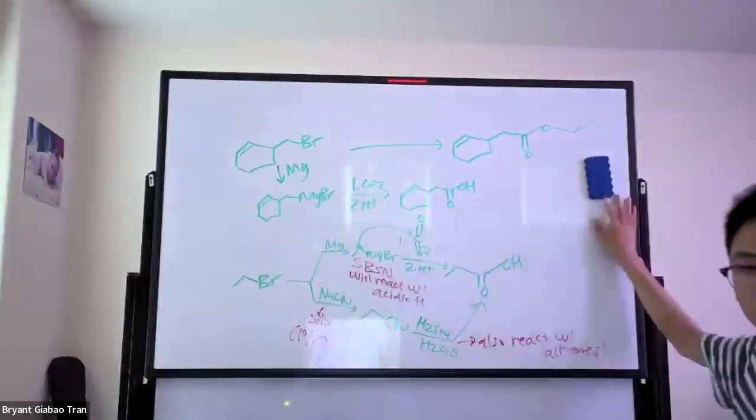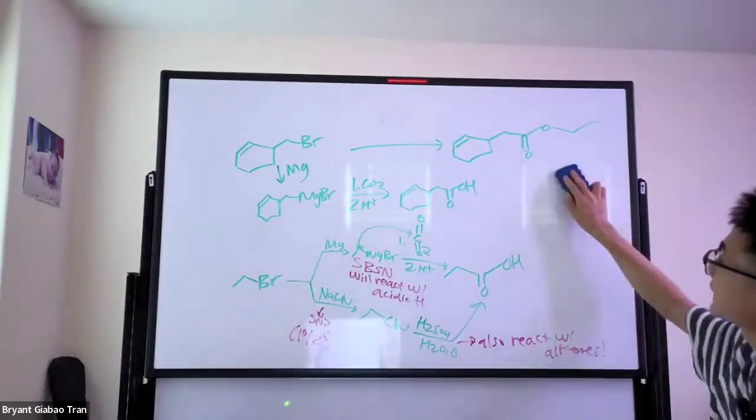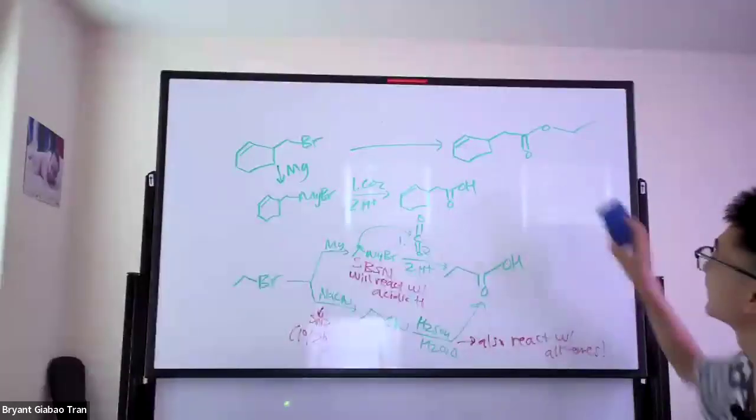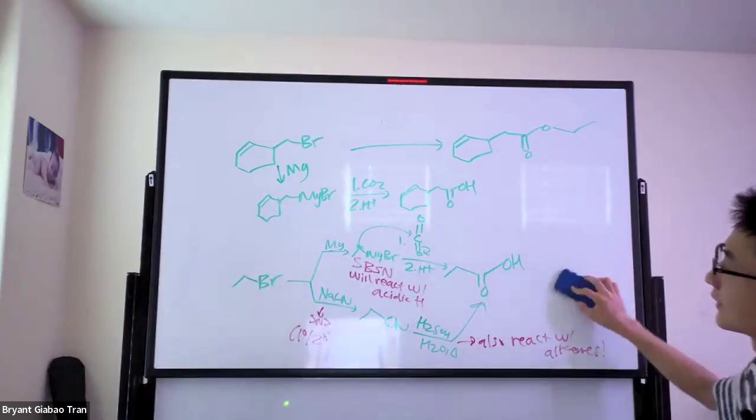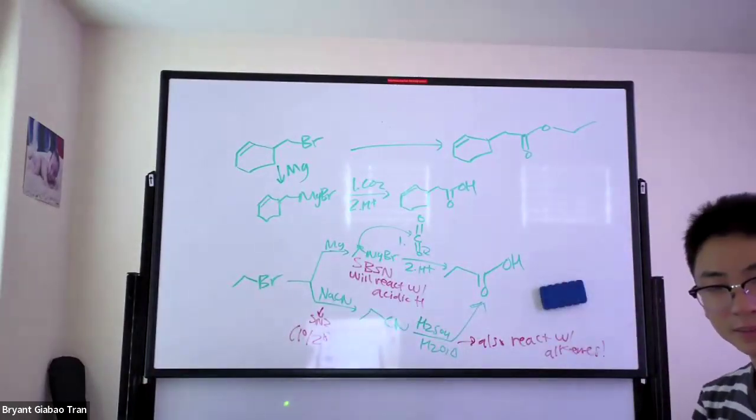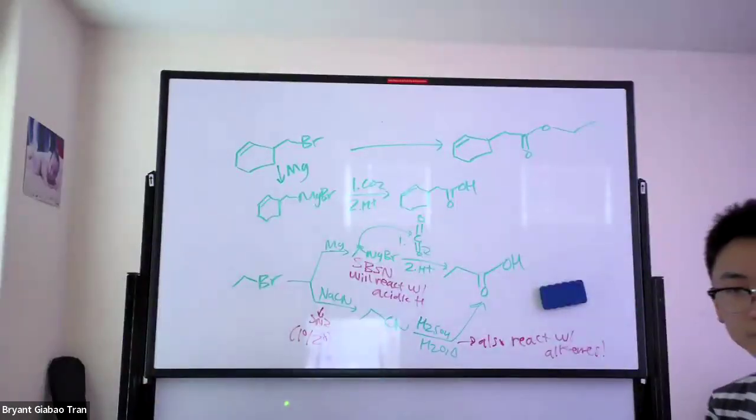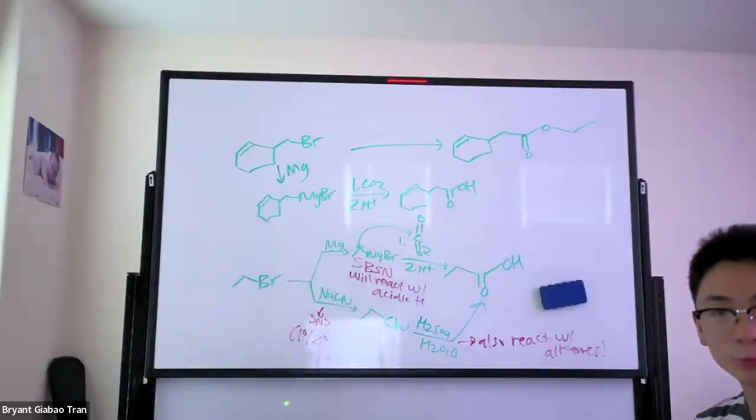Right. Now, how can we create this ester from this carboxylic acid here? Oh, wait, didn't we go over this earlier? It was like Fischer esterification. Yeah, Fischer esterification, but what is required in the reagent for Fischer esterification?